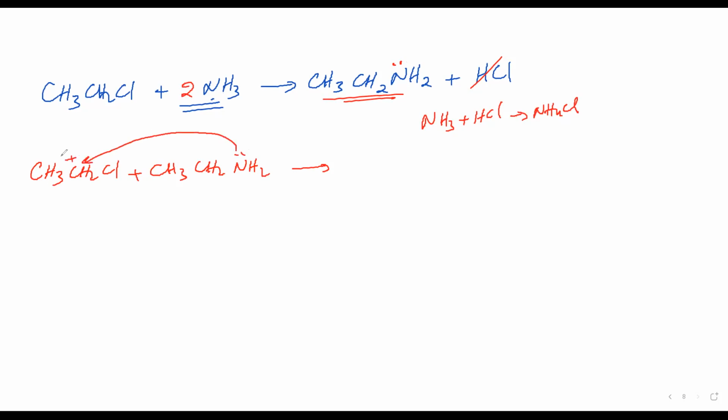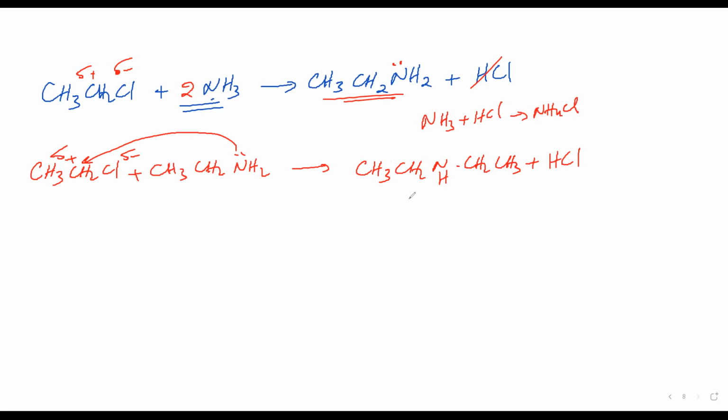Of course, we know that the carbon has a partial positive charge and the chlorine has a partial negative charge, the same here. So the nitrogen would attack by its lone pair of electrons, it could attack the partial positive carbon, and we get CH3CH2NHCH2CH3 plus HCl.